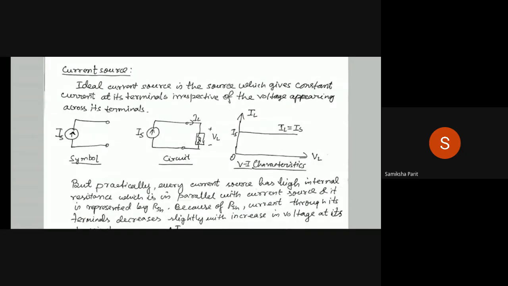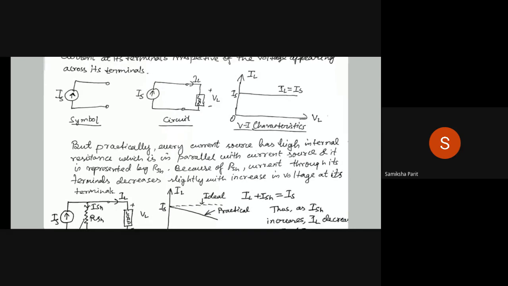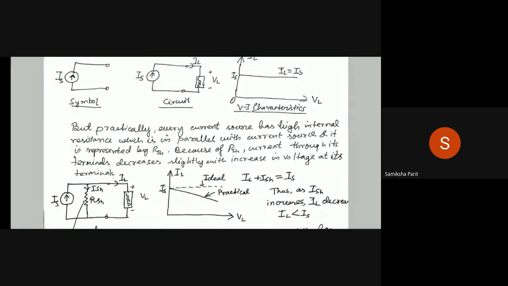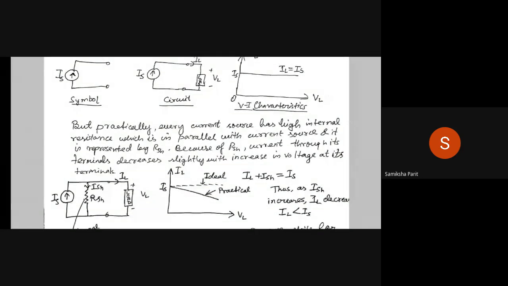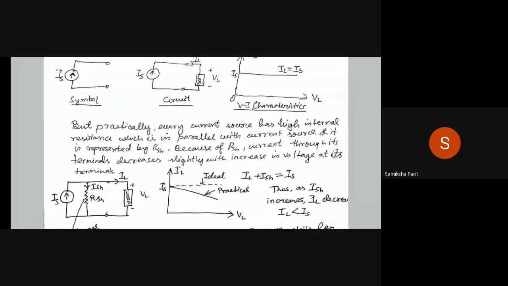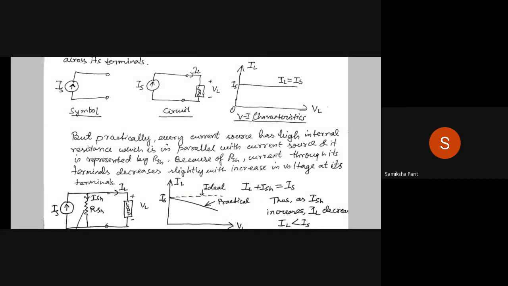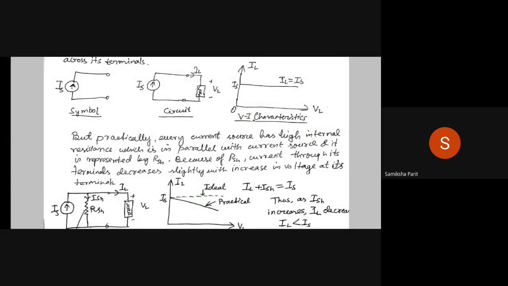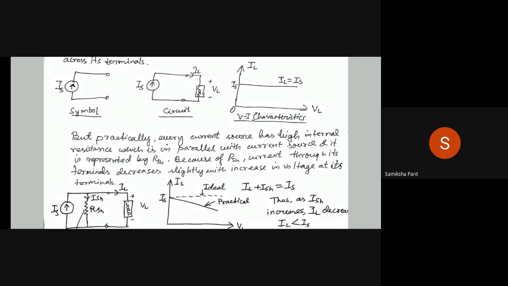Now, that is again not possible, so just see the graph. In the graph, VL is on the x-axis and IL is on the y-axis. So, in this VL-IL characteristic for the ideal source, IL equals IS, means source current is equal to load current.